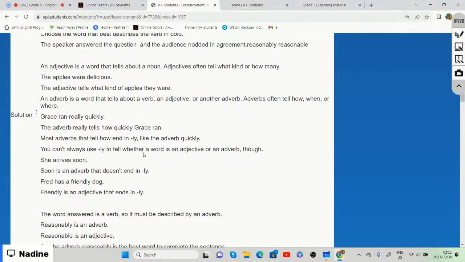And you can't always use ly to tell whether a word is an adjective or an adverb. For example, she arrives soon. Soon is an adverb. It does not end in ly.